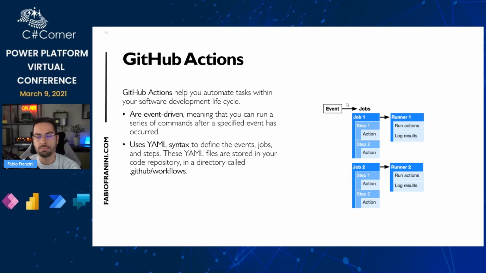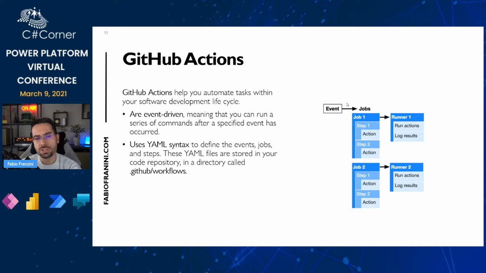Recently, I don't remember, I think 1 or 2 years ago, GitHub added new functionality called GitHub Actions. So what do GitHub Actions do? They help to automate tasks inside the software development lifecycle, so in application lifecycle management.